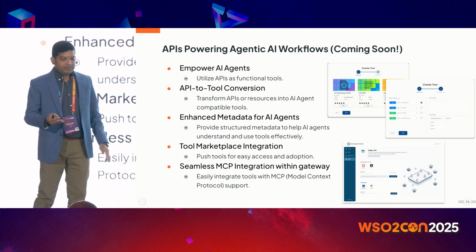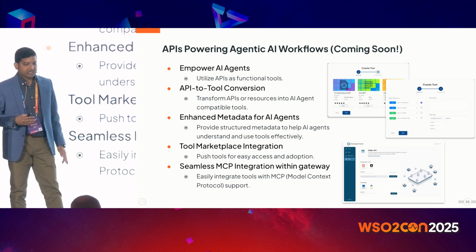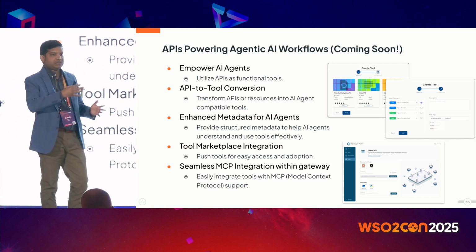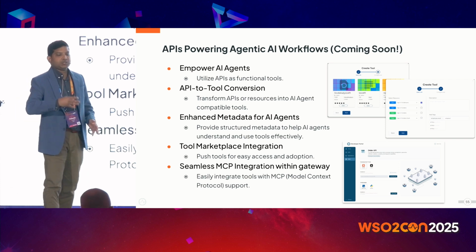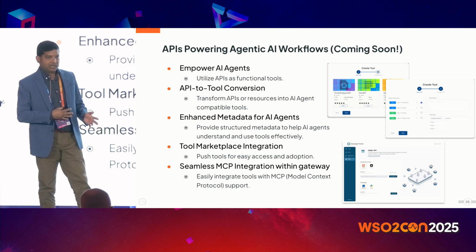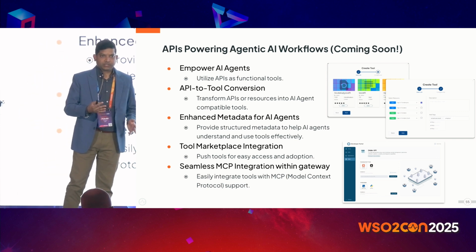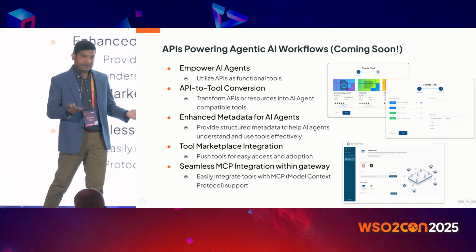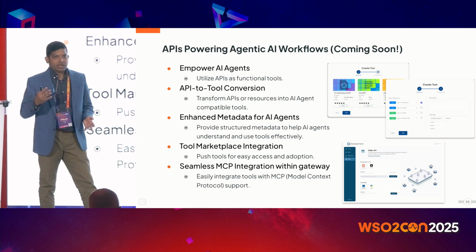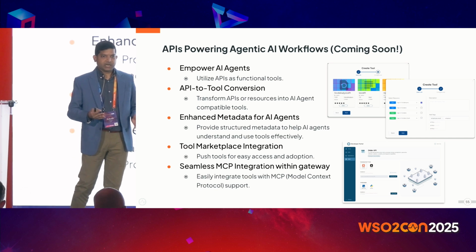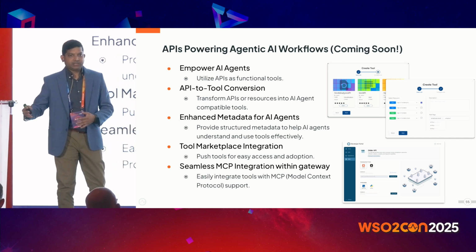So with this integration, we are basically trying to convert an API or a set of resources in an API to a tool. And the OpenAPI metadata that is there is very limited, and we have to have more metadata so that AI agents can understand what this API really does.